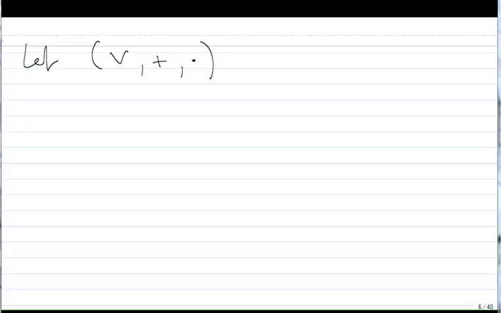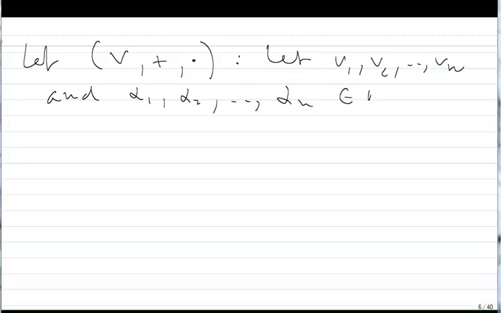So here there is something very interesting. If we take v1, v2, ..., vn, n vectors, and alpha 1, alpha 2, ..., alpha n real numbers, then we can define alpha 1 v1 plus etc. plus alpha n vn. In other words, you can take vectors, multiply them by numbers, and add them.